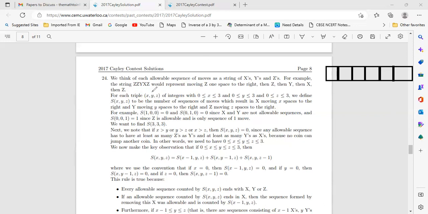Okay. So now you do have XYZ. You're assuming this is an integer. So X varies from 0 to 3. Similarly, Y varies from 0 to 3. Z varies from 0 to 3.